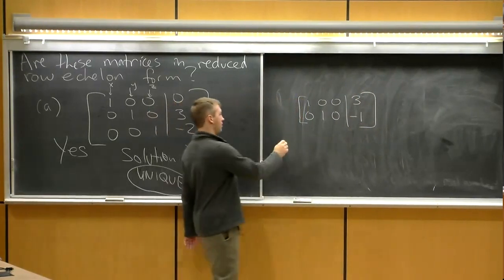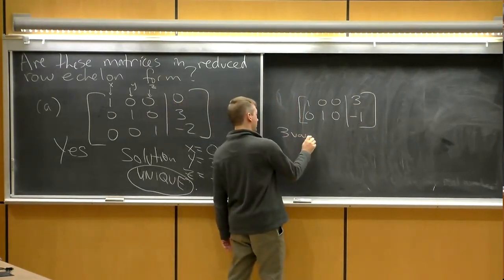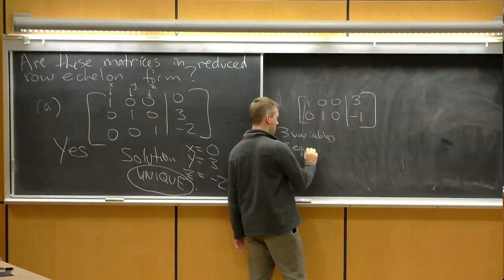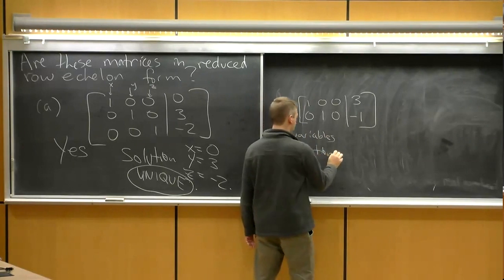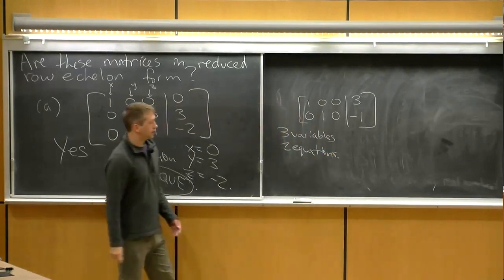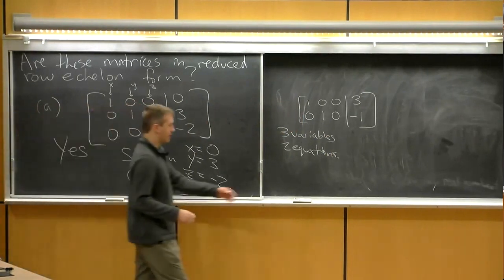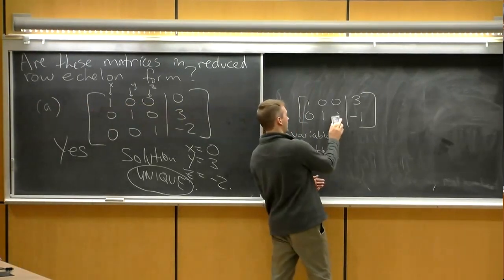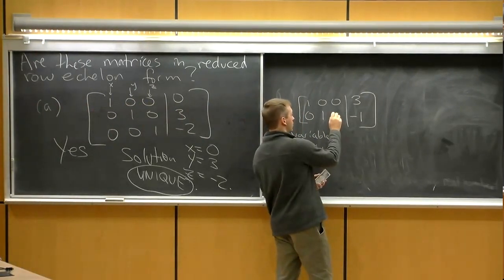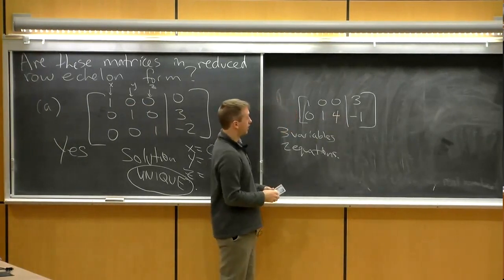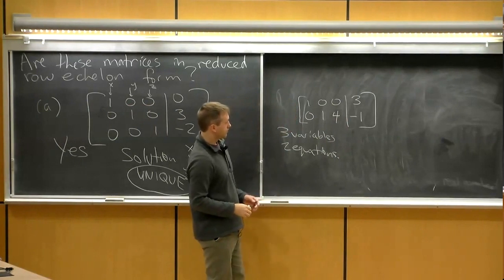So this is now 3 variables, 2 equations. Or let's make it a bit more complicated here. I'll put a 4 here.